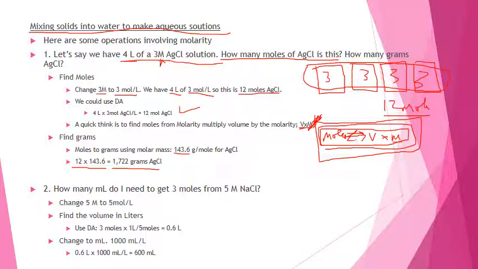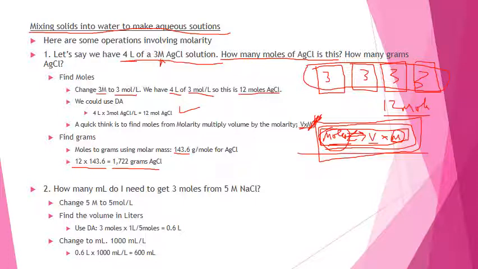If you're given a certain molarity of a solution and you know its volume, you can figure out how many moles it is. And then this will be in a chemical equation, and you can use the recipes to figure it out. So this is really going to be a big deal.